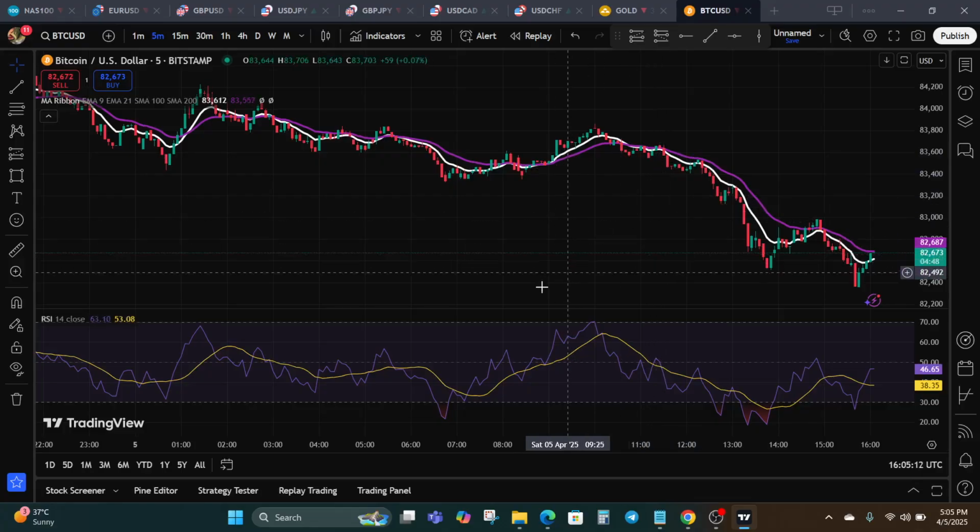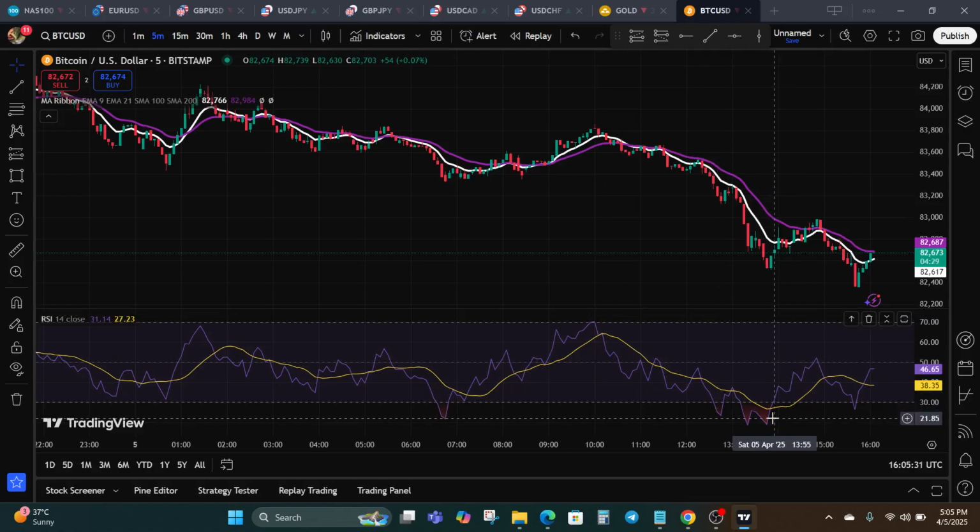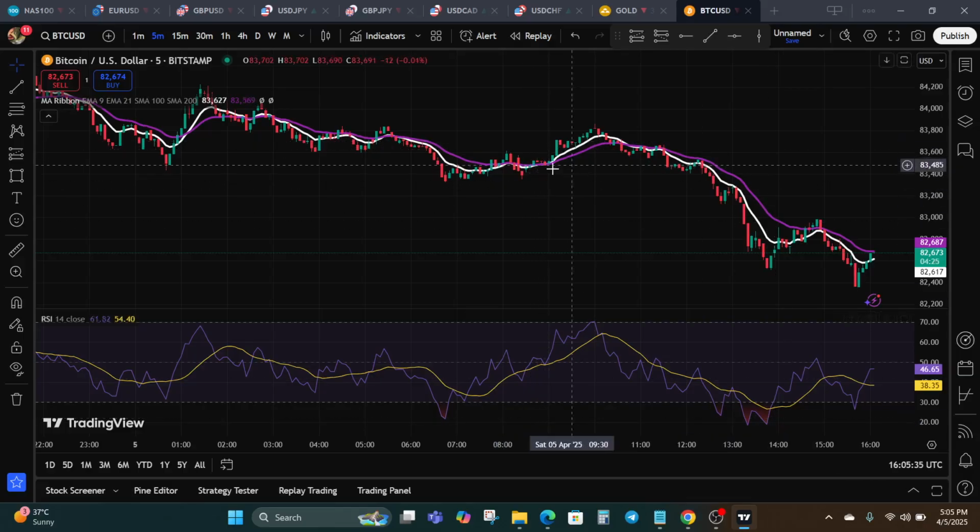Now, the next indicator is the relative strength index, which is used to identify overbought and oversold conditions. The RSI typically ranges from 0 to 100, with levels above 70 indicating overbought conditions and levels below 30 indicating oversold conditions. This will help us confirm entry points when combined with the EMAs.